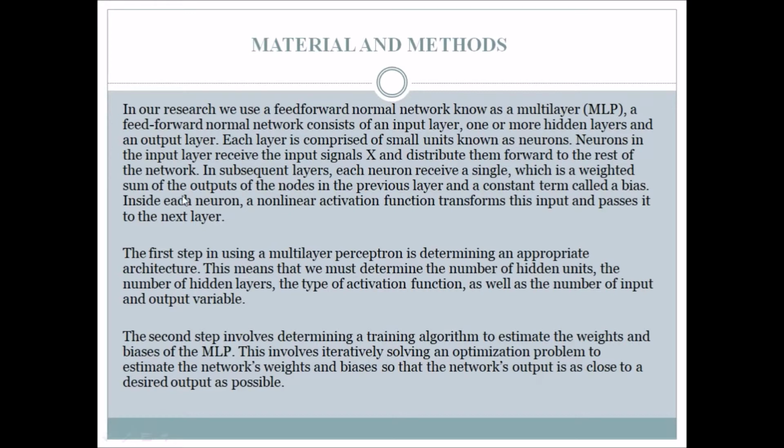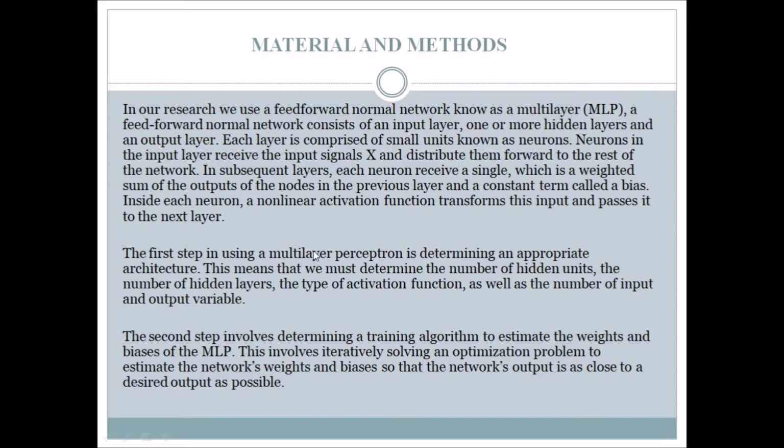Neurons in the input layer receive the input signals X and distribute them forward to the rest of the network. In subsequent layers, each neuron receives a signal which is a weighted sum of the outputs of the nodes in the previous layer and a constant term called a bias. Inside each neuron, a nonlinear activation function transforms this input and passes it to the next layer.